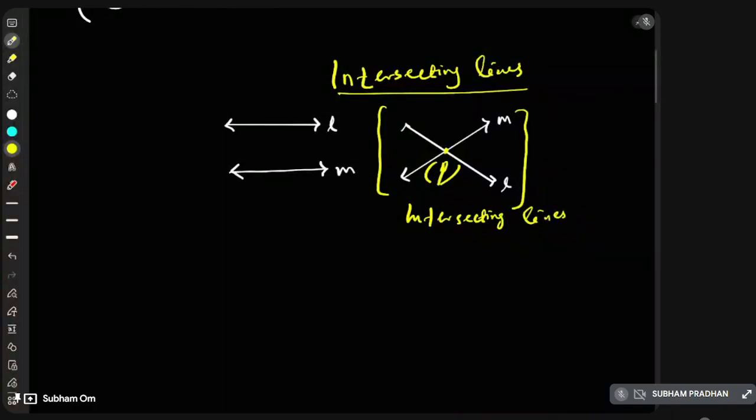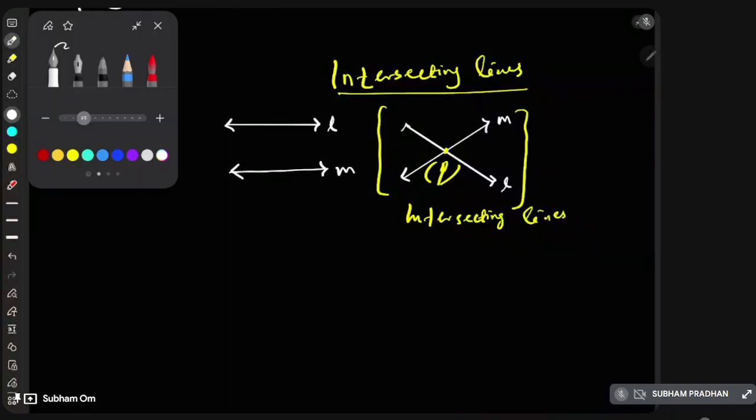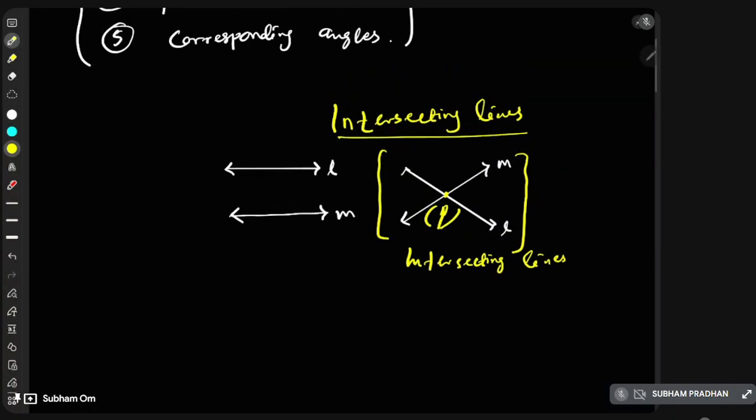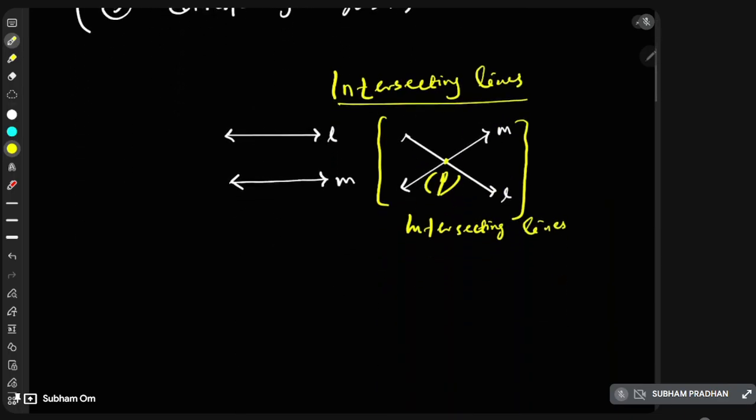Now we will see what we mean by perpendicular lines.